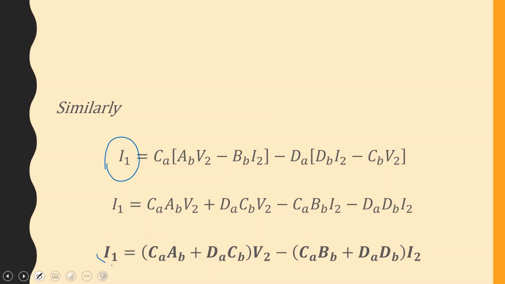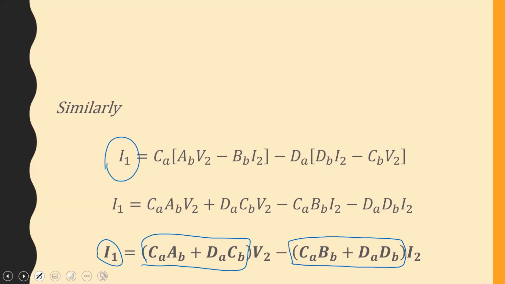And then we get I1. Again, this is the coefficient of V2 and I2, respectively.